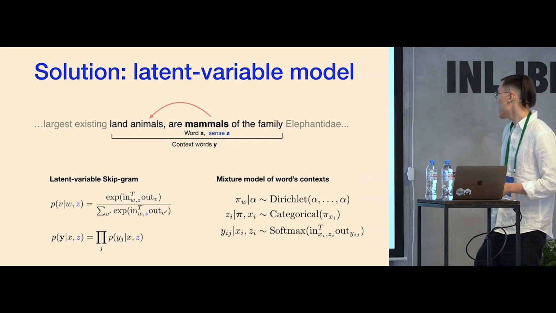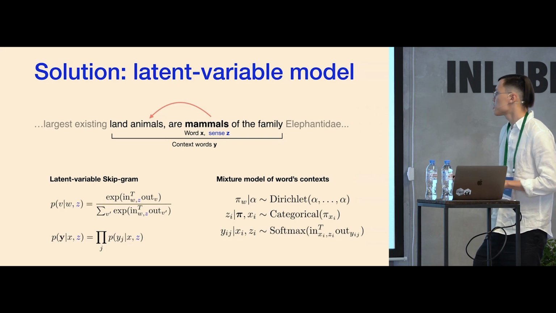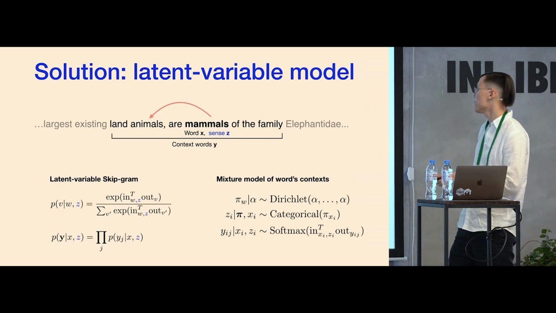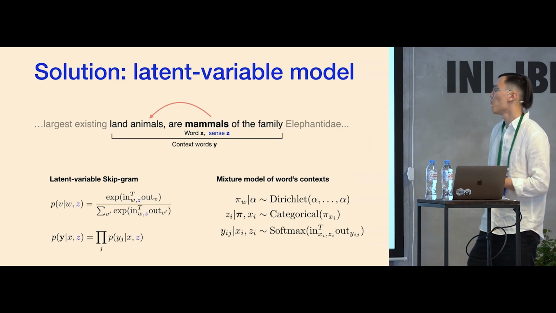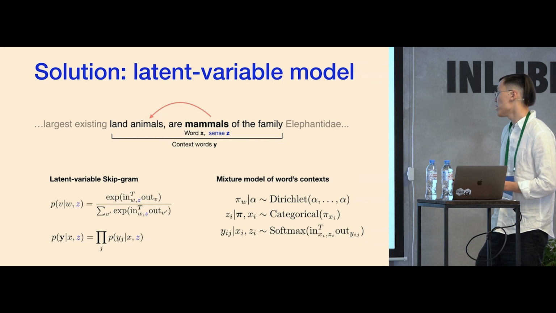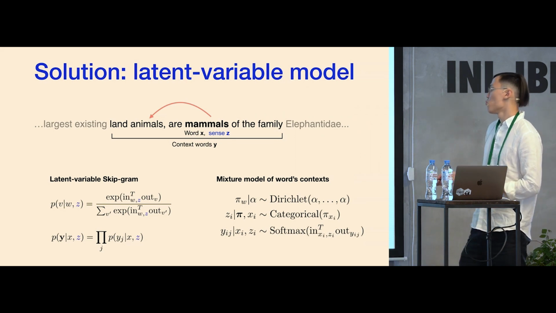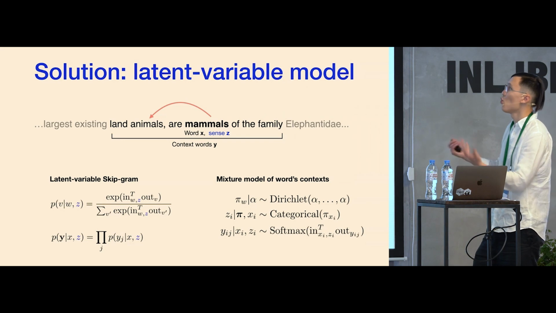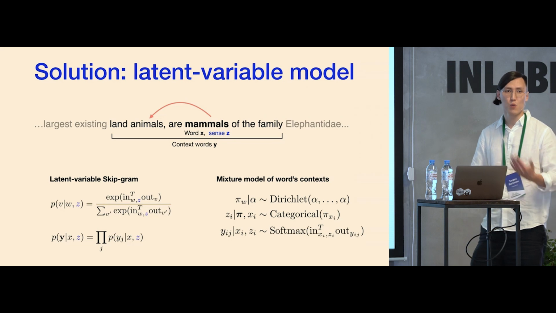On the top, let's focus on one word, we have a Dirichlet prior distribution with some parameters alpha, from which we generate the prior probabilities of word meanings. Then every time we want to generate a context of a word, we sample a word meaning using the categorical distribution parameterized by these prior probabilities. And then we use the softmax model to generate all context words. So even though skipgram is not a generative model, we can assume the following generative process.